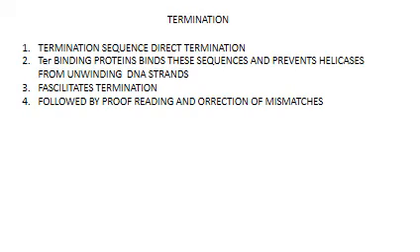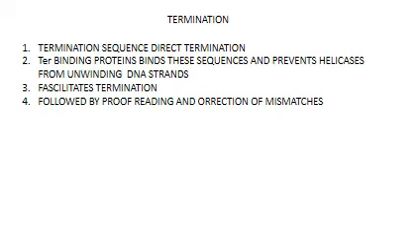So there are specific proteins known as the TER binding protein which bind to these termination sequences and prevent the helicases from further unwinding the DNA strands. And these sequences now facilitate termination.